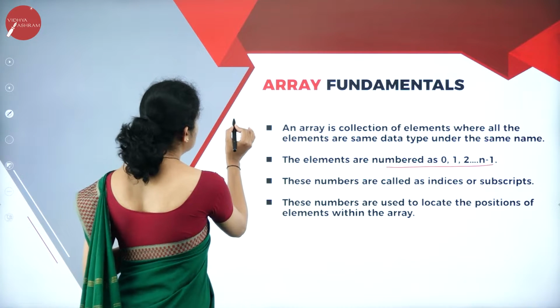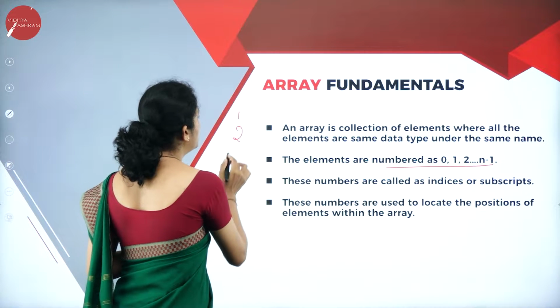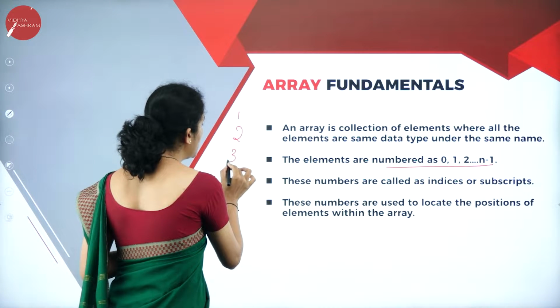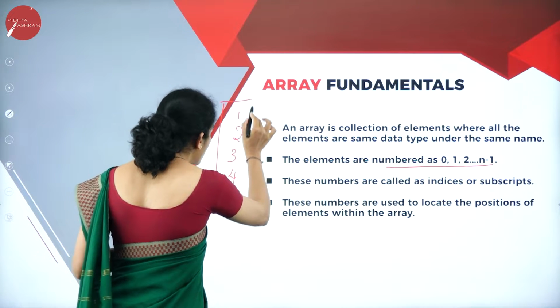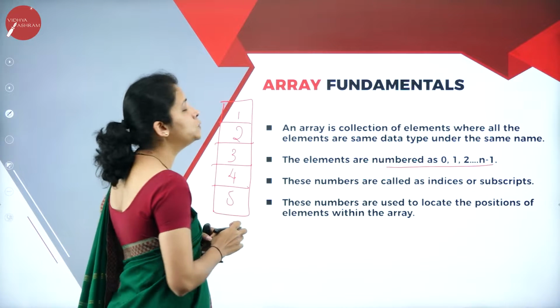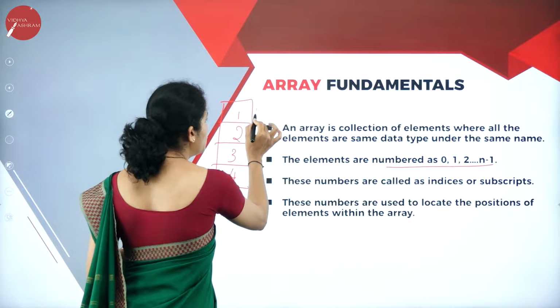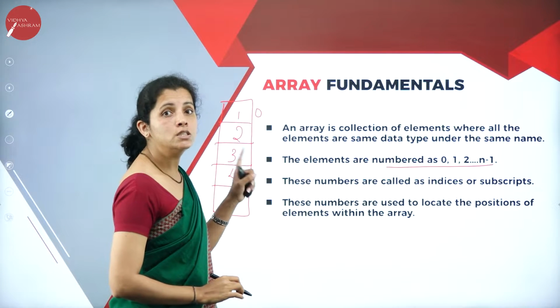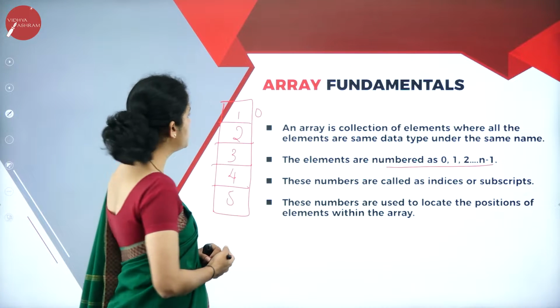Let me take one simple example with 5 numbers: 1, 2, 3, 4 and 5. Now for each element I'm going to give numbers. For the first one I start with the 0th index, that is nothing but the indices or subscript.